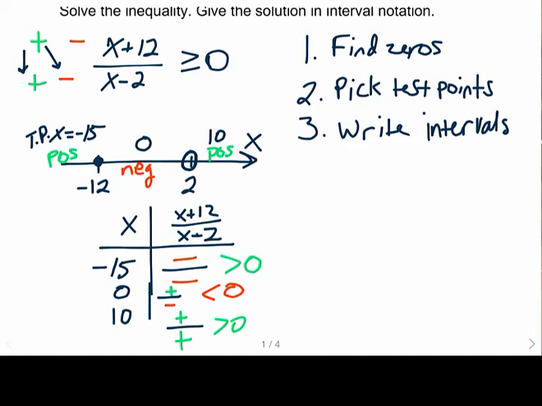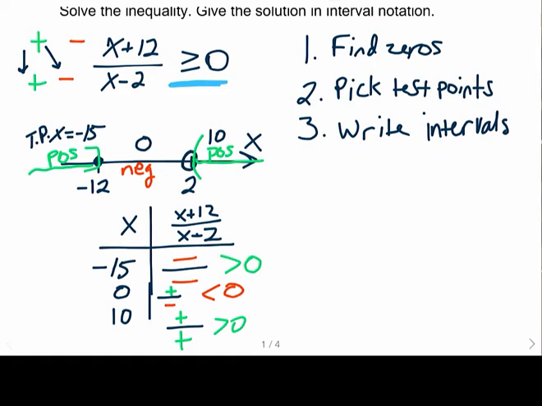Now we look back at our original inequality. We wanted values that made the expression greater than or equal to 0. Those are going to be the values that had a positive or a 0 output, keeping in mind that we can't include 2.